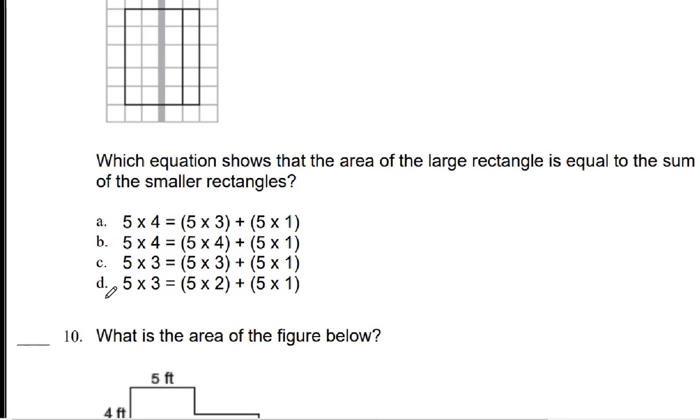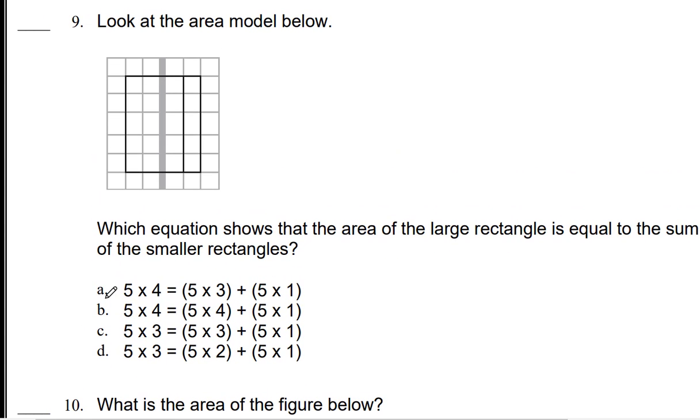Distributive property is a property for multiplication. So we know that this rectangle, to find its area, we are multiplying 5 and 4. So we need to break it to 1 and 3.